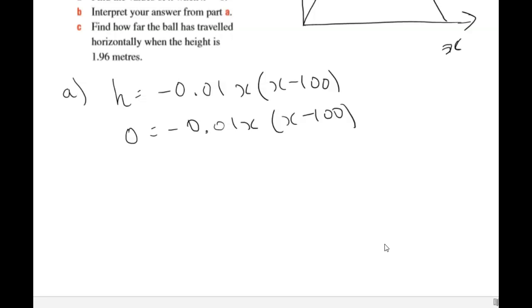All right, so we're solving for x. Now, at this point here, I can eliminate this negative 0.01x. Usually we don't divide by decimals. It's just not the done thing, but basically this 0 divided by negative 0.01, they cancel each other out, and 0 divided by anything is still 0.